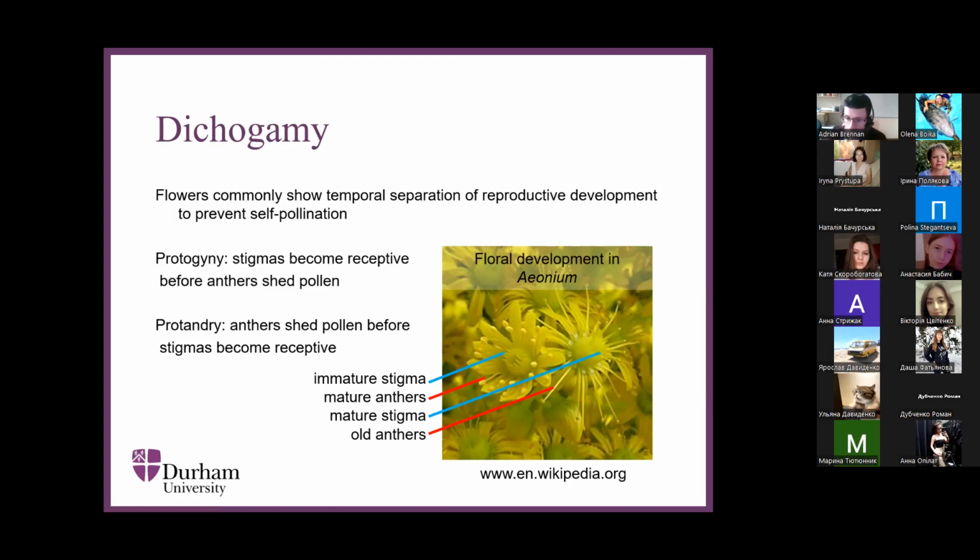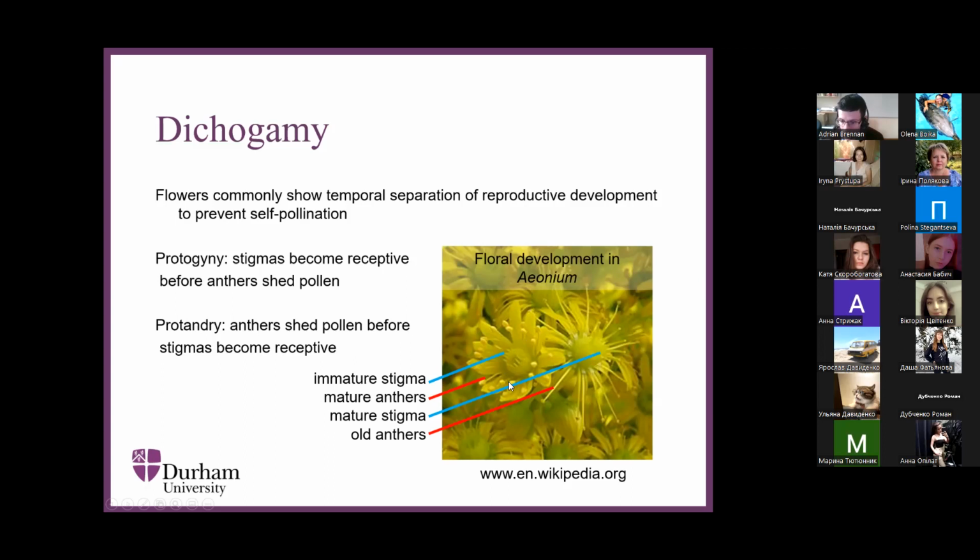Very typically, if you do have male and female organs in the same flower, they will mature at different times. You can have either protogyny, where the female reproductive organs mature first, or protandry, where the male organs mature first.